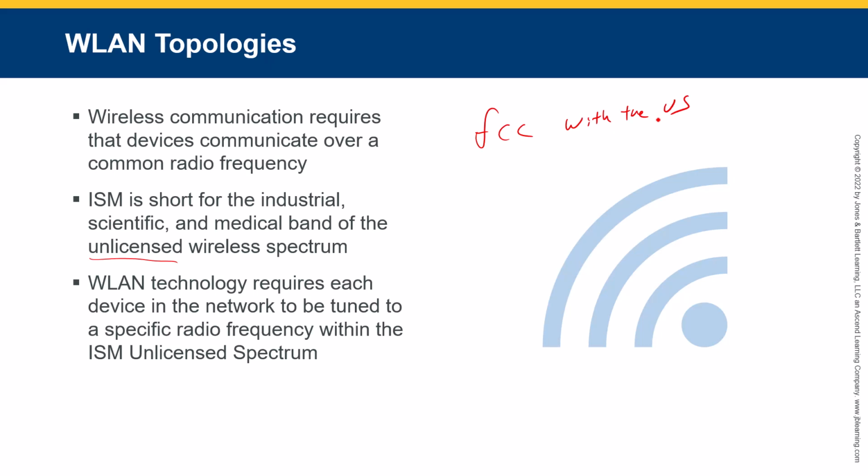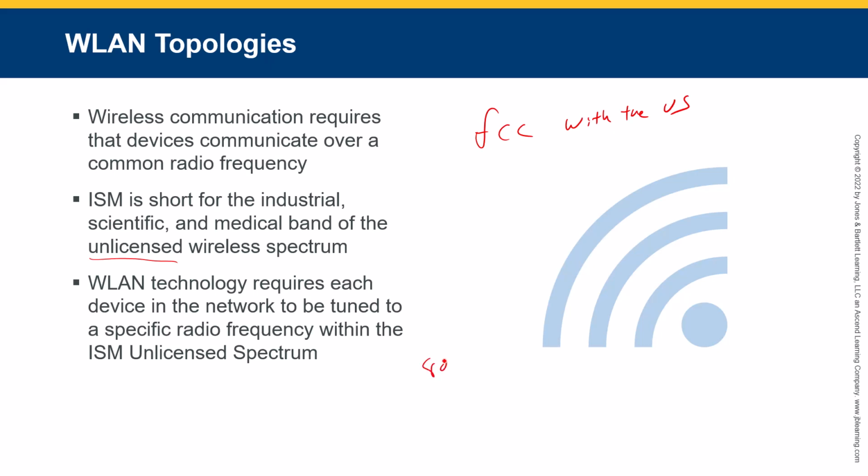So that means there are spectrums or portions of the wireless network that are okay for people to use, or that are unlicensed. Wireless technologies do require devices on a network to be tuned to specific frequencies within the unlicensed spectrum.